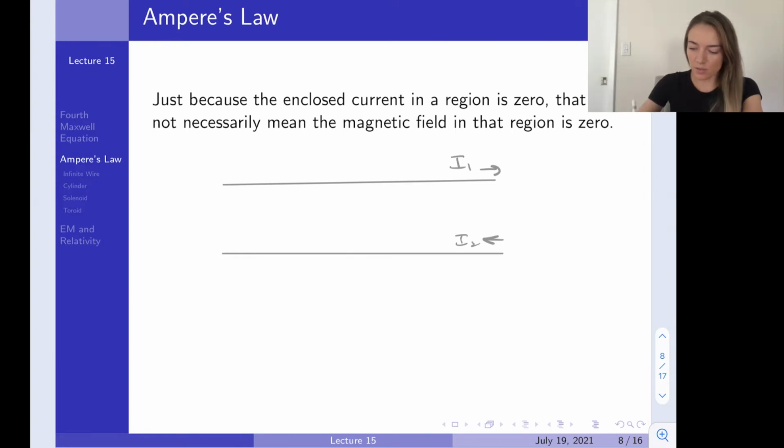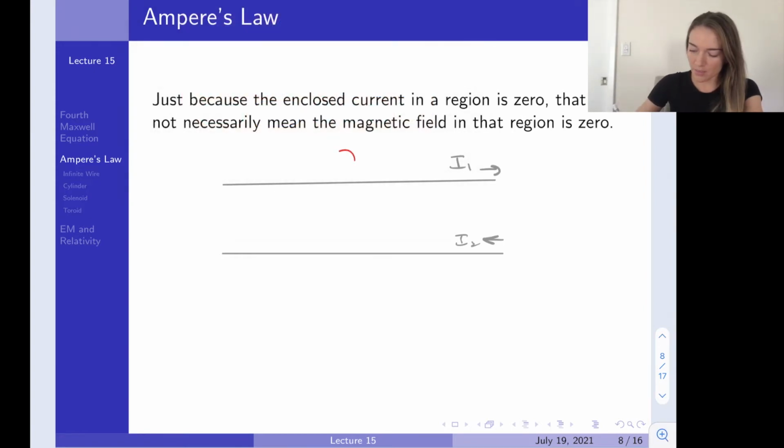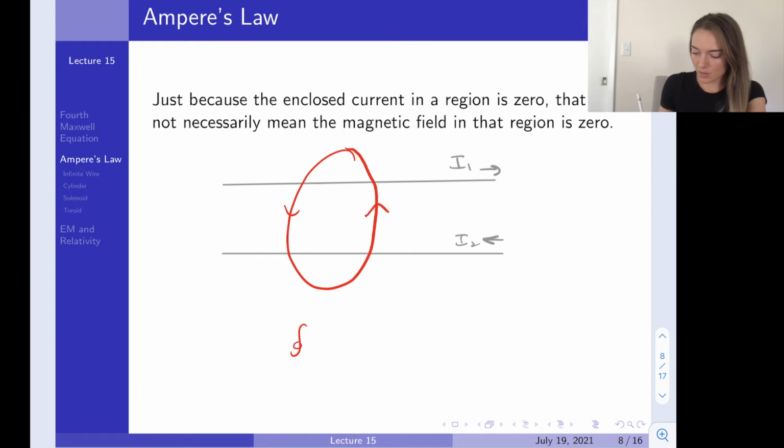Now, if I draw an Amperian loop, as we call it, that encircles both of these currents, and I integrate this way, B dot dl is equal to mu naught I enclosed. My I enclosed in this case is 0 because I have a current going in this direction, and then the same current going in the opposite direction. Let's say these are the same magnitudes. So I'm going to have 0 here.